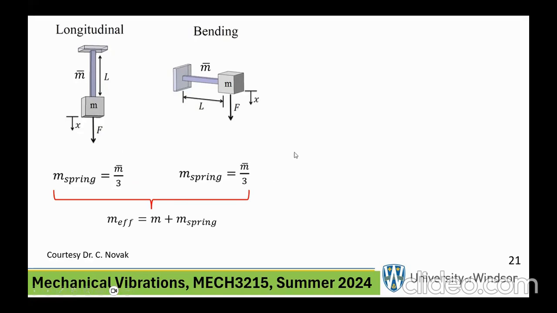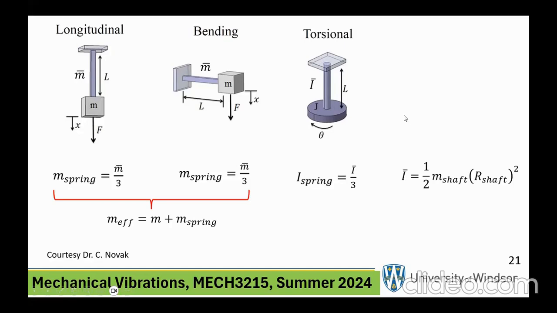So, if you're dealing with torsion, there is a modification to be made because we have to take I about the axis of that vertical spring. We know what I of the shaft is.